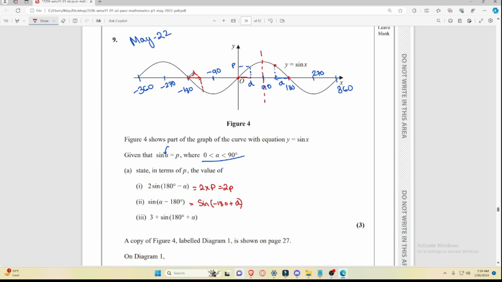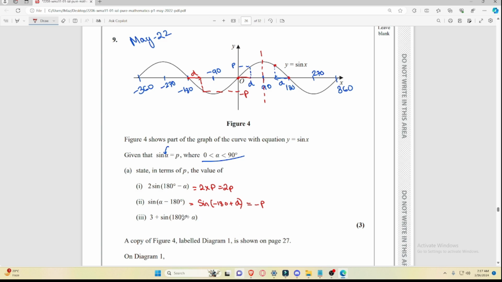So that means from minus 180, if I go alpha distance, I should get minus p. Because from 180 I went alpha distance backward, I got p. So from minus 180 I went alpha distance forward, I should get minus p according to symmetry. So this one's answer is simple, only minus p.